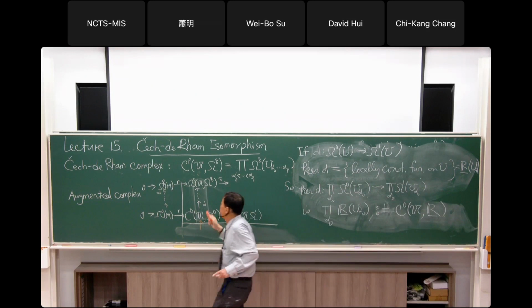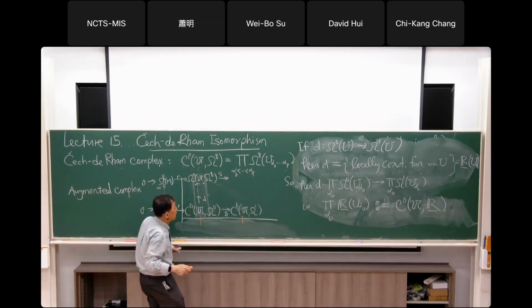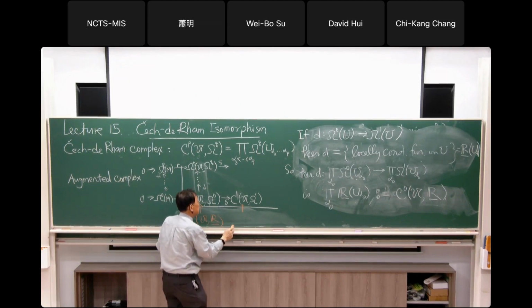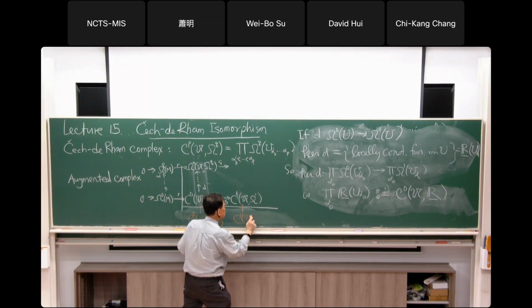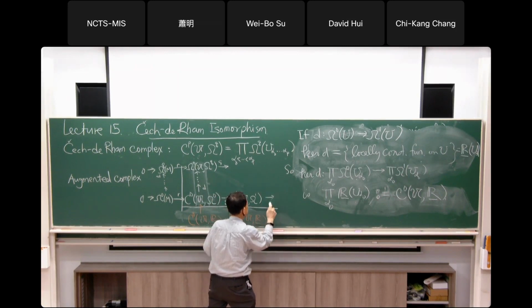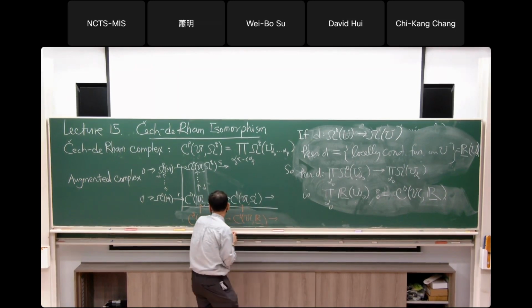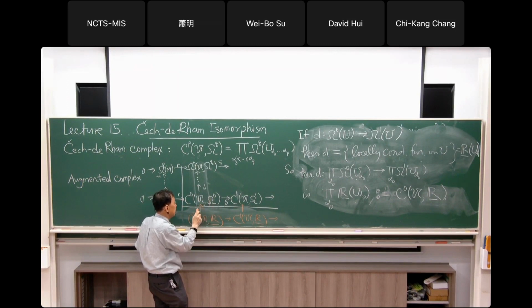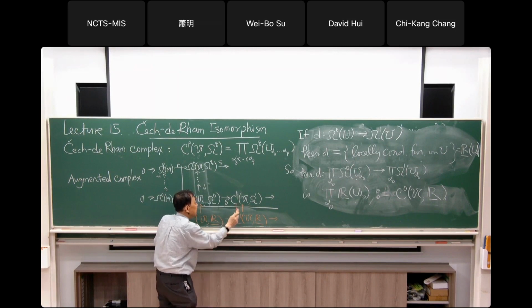So we can augment our double complex with this row, which is C0 of R bar, C1 of U R bar, and so on. And this map is just a subset inclusion, since locally constant functions are functions.